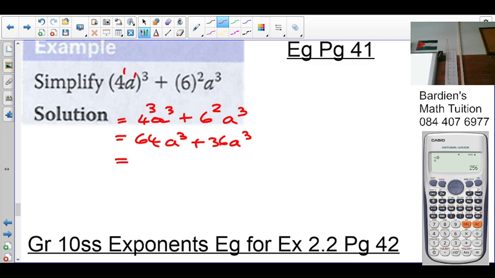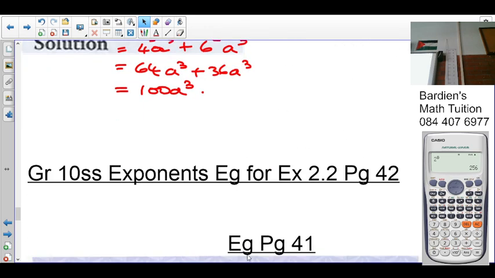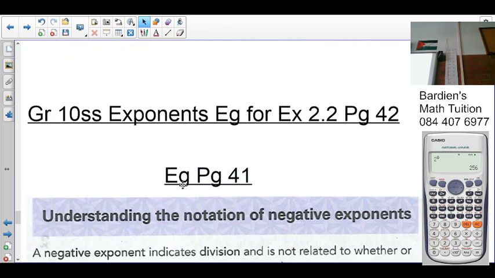So that's going to give us 100a cubed. Why not 100a to the 6? When we multiply, we add; when we add and subtract, the variables stay the same. So with that, you should be able to do exercise 2.2. At this point, we'll stop the video.